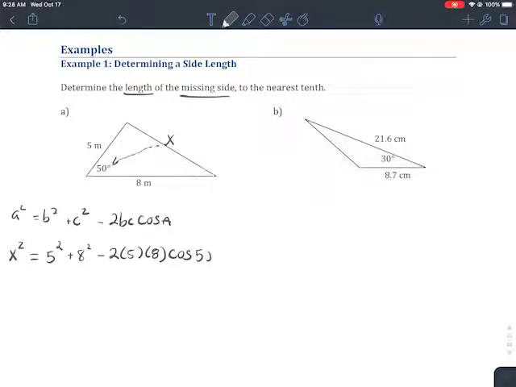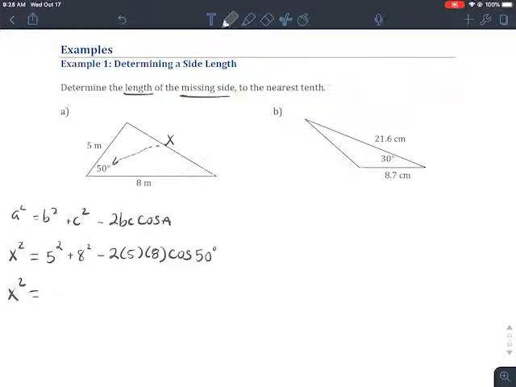So if I'm going to solve for side length x, its opposite angle is 50 degrees. So I have to use the cosine of 50. Okay, I'm just going to throw the right hand side into my calculator and get a decimal here. So give me a second.